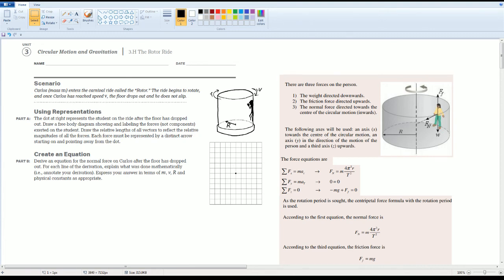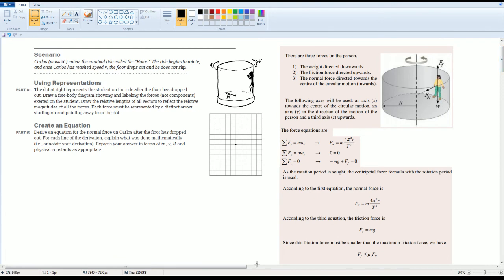Here I have some notes for you. This is in an old textbook, and this is how it looks. It depends on where the revolution is. You need to understand that the radius is actually pointing outwards here. So there are three forces in this picture.